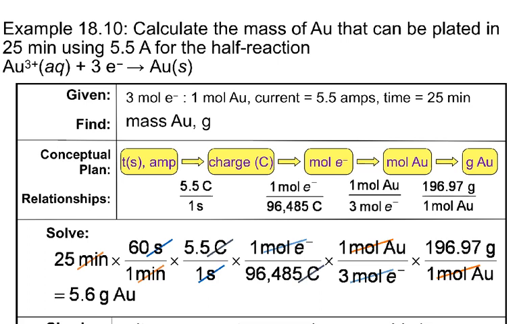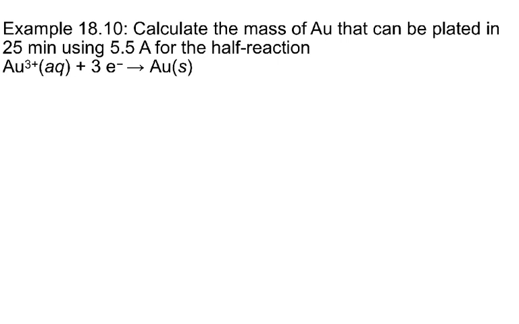So we'll look at an example like this. I did this one backwards. Calculate the mass of gold that can be plated in 25 minutes using 5.5 amps for this half reaction. So we're going to start with our 25 minutes, convert that into seconds.